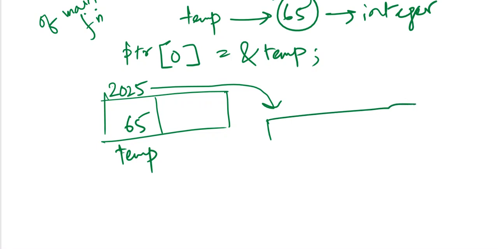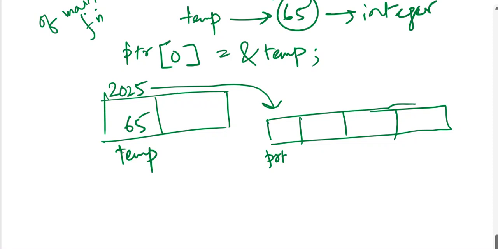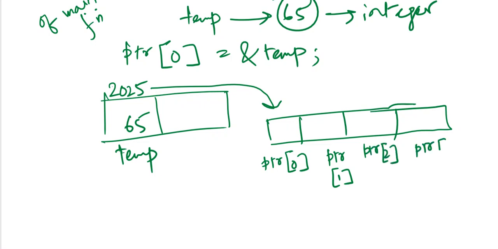In the array pointer ptr, sorry, ptr[0], ptr[1], ptr[2], ptr[3]. Okay, here the number 2025 would be stored.